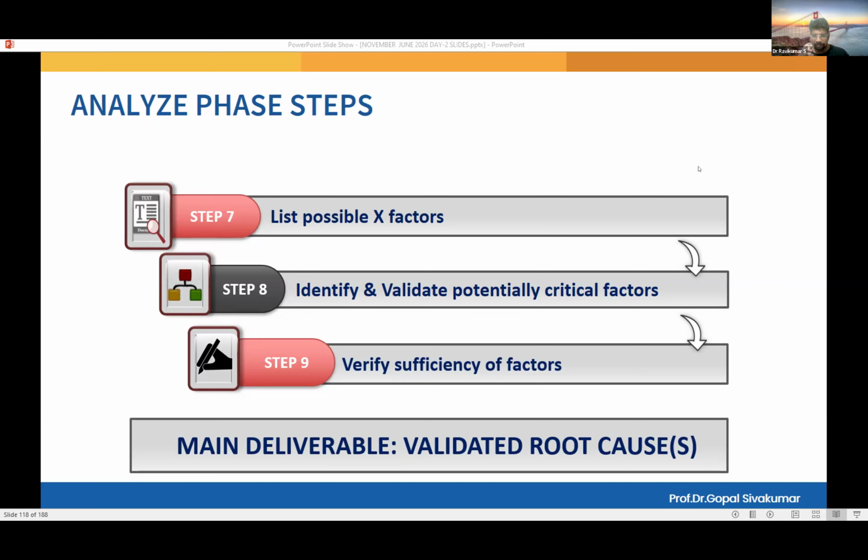But here we make a claim that this is a root cause, and after that we collect data regarding the root cause, and we substitute that data in the hypothesis testing. Different types of hypothesis testing approaches are there. We confirm it by quantitative methods, not by qualitative or experience or other expertise-based approaches.